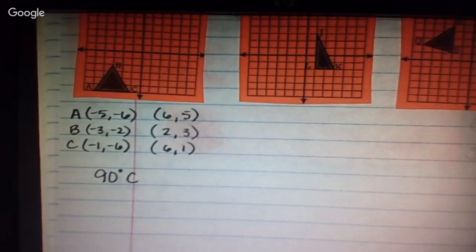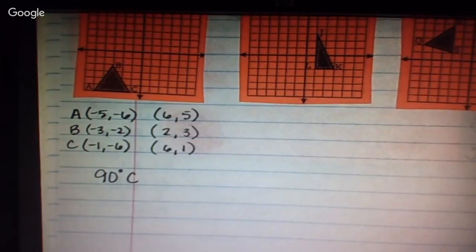Right now, what quadrant am I in? Does everybody remember how the quadrants go? It's a big C. So this is 1, 2, 3, and 4. If I'm in the first quadrant, my signs are positive, positive. Second quadrant, negative, positive. Third, negative, negative. Fourth, positive, negative.